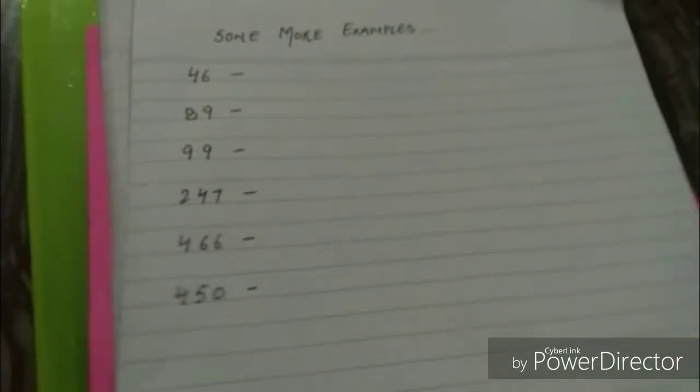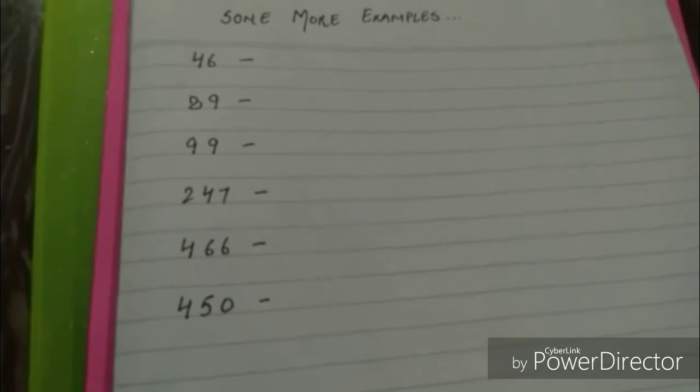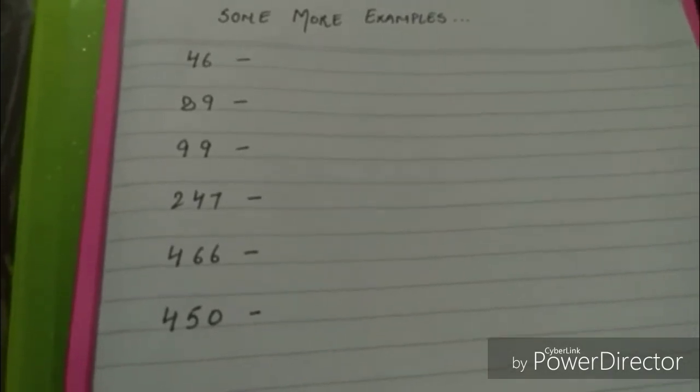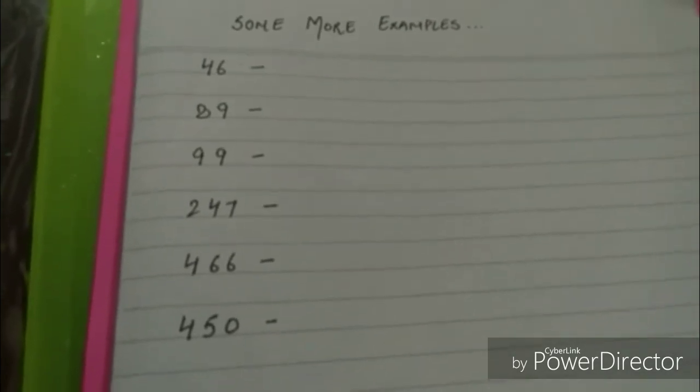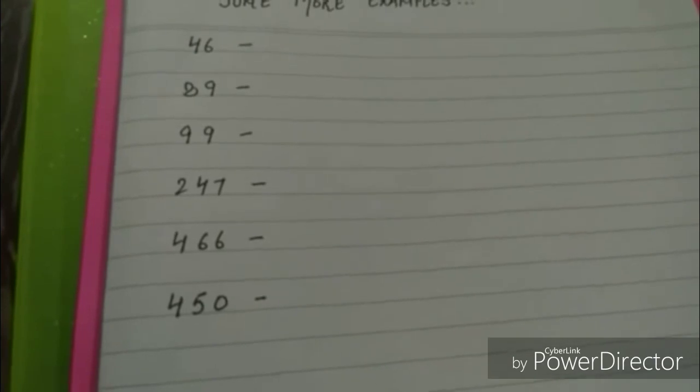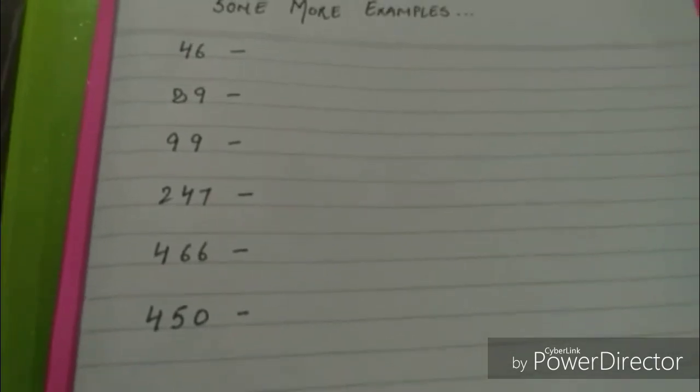So for your clear understanding, I'm going to give you some practice questions. Practice is very compulsory in mathematics. So this time write down all these numbers and show me how you can do this.